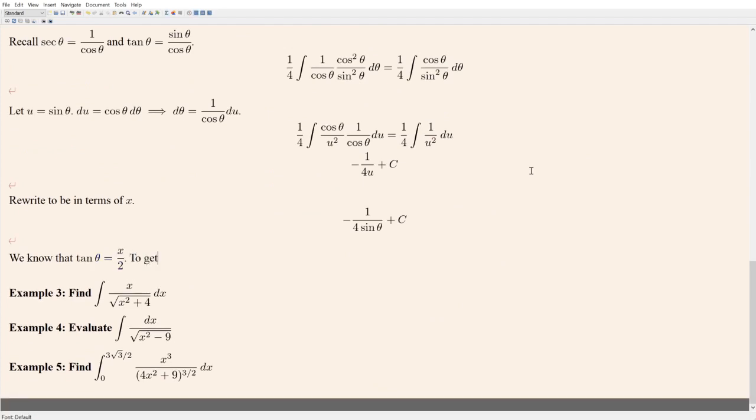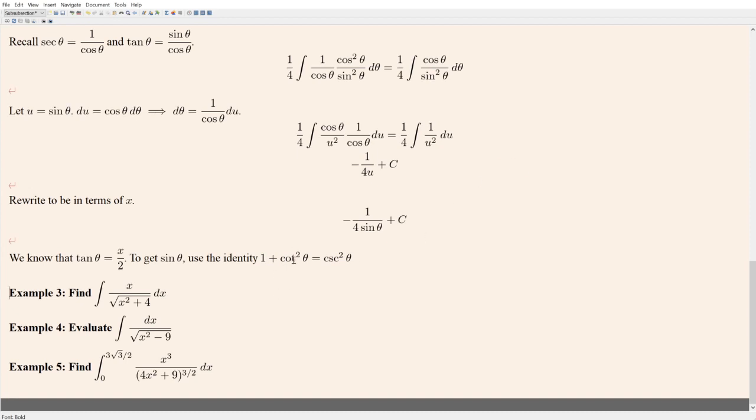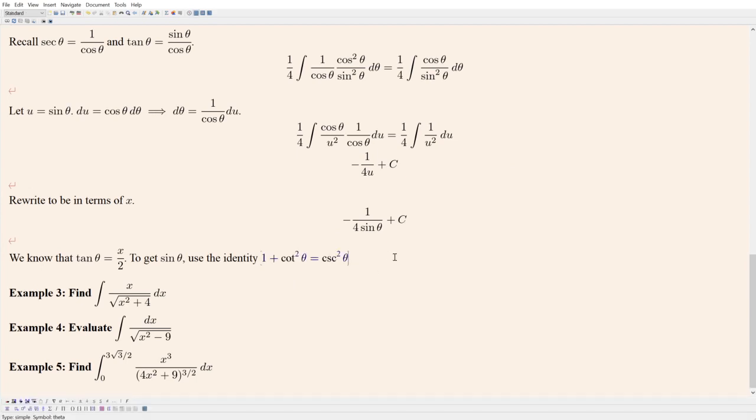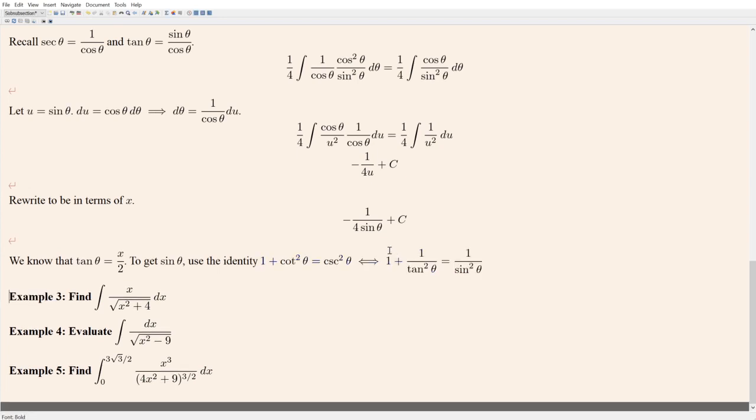To get sine theta, which of the Pythagorean identities has both sine and tangent in it? Well, it's got to be this one, right? Because cotangent is 1 over tangent, and cosecant is 1 over sine. So this is the same as having an identity that's in terms of sine and cosine.